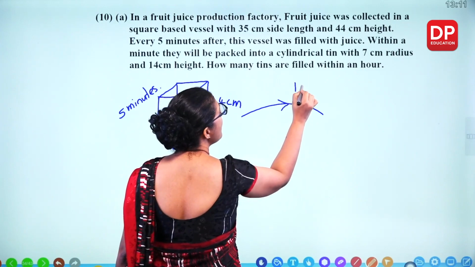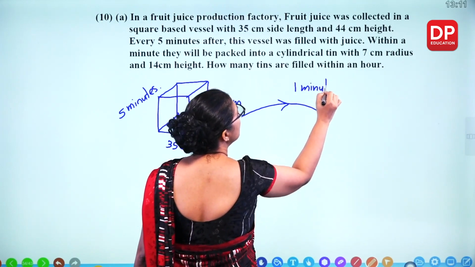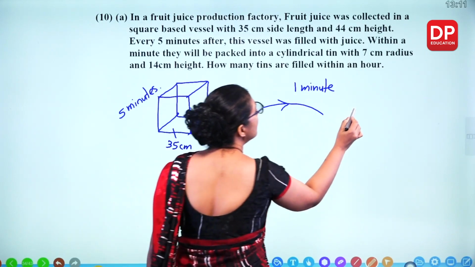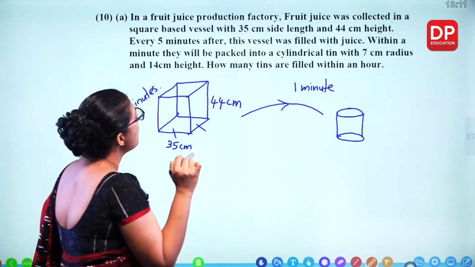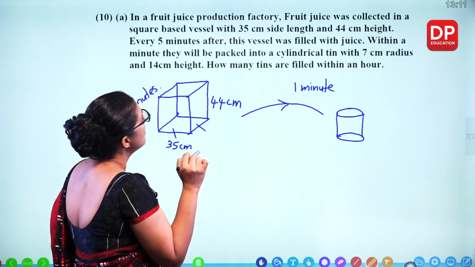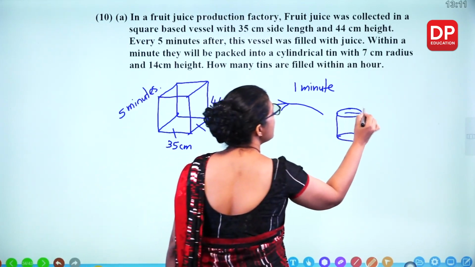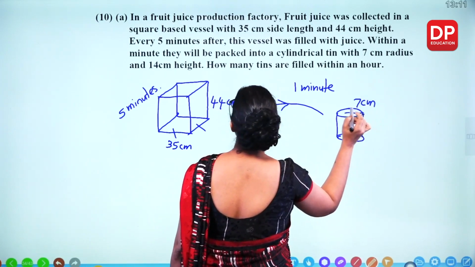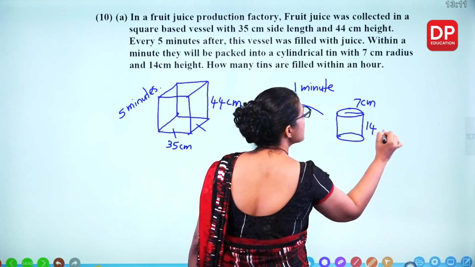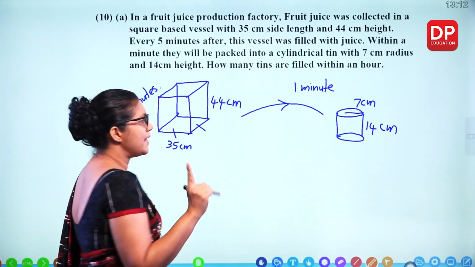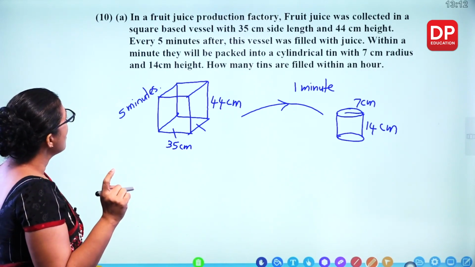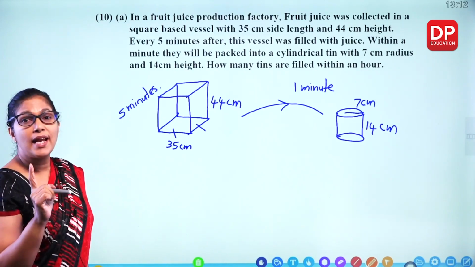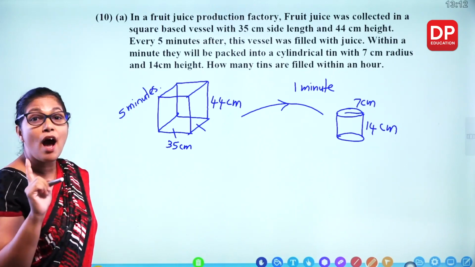So within 1 minute, into a cylindrical shaped vessel, that's 7 centimeter radius and height is 14 centimeters. So this is within 1 minute. So they are asking how many tins are filled within an hour.